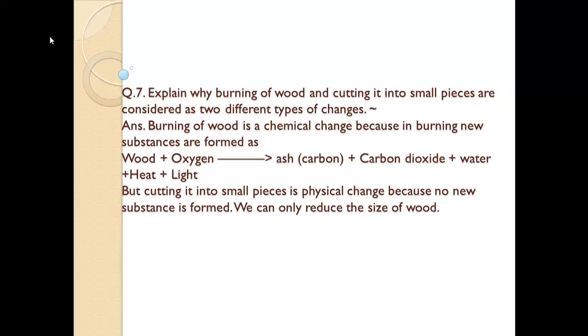For example, when wood is burning, it will combine with oxygen to produce ash, which is mainly carbon, along with carbon dioxide, water vapor and heat and light, two energies, also produced. But cutting a piece of wood into small pieces is a physical change because no new substances are formed here. Only we are changing the size of the wood.